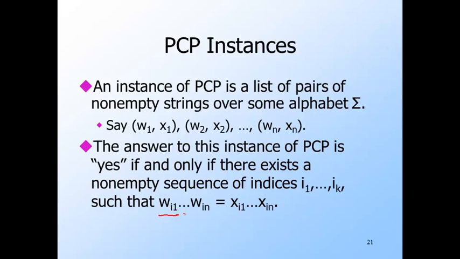Then the second, w sub i2, is the w from the i2-th pair on that list, and so on. Then we get the same string if we take the w's from the pairs as if we took the second components, or the x's, from the pairs. Such a list of integers is called a solution to the instance of PCP.